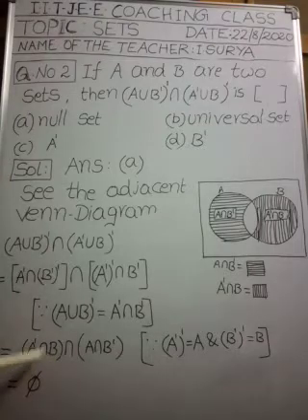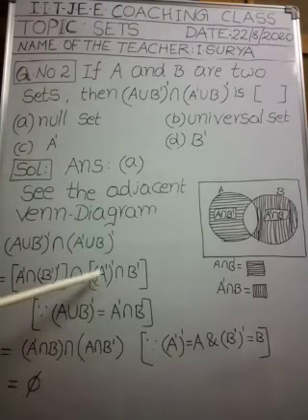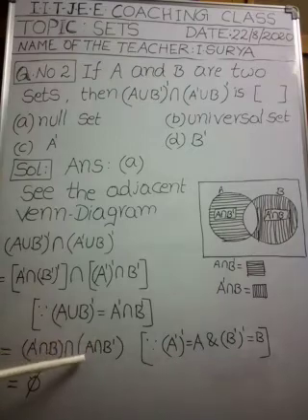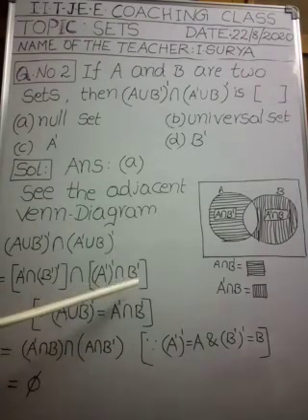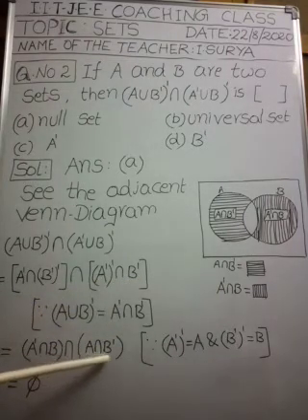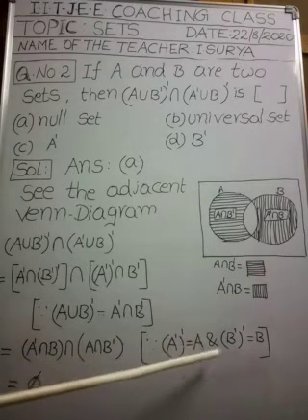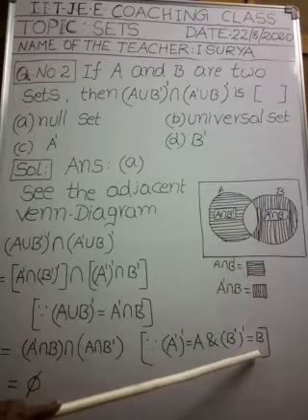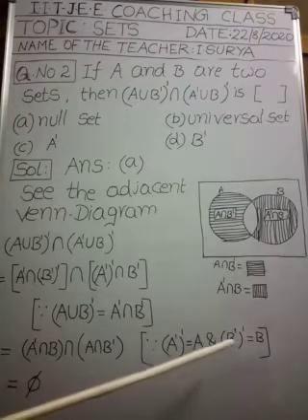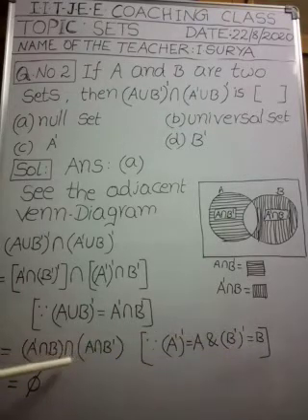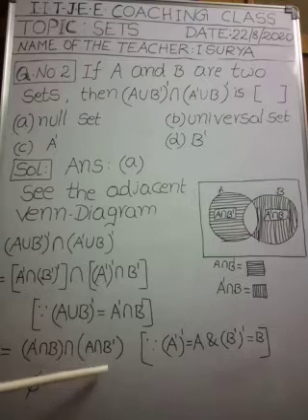Right, intersection. A dash whole dash is equal to A. So, A intersection B dash. Understood this part, my children? Because A dash whole dash is equal to A and B dash whole dash is equal to B. By using these two formulae, we got this step. Understood this step, my children?